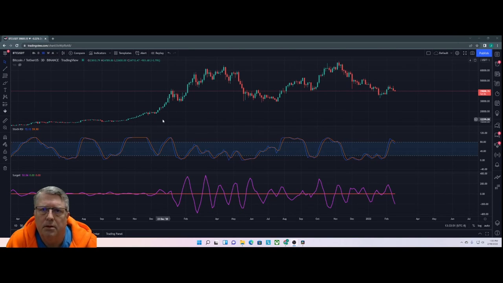So if you look at Bitcoin and you analyze price movement, you'll see that it's not very clear that there's a periodicity in the movement of price. For example, you will see from here to here it moved up, but then a very short move down, a longer move up here.